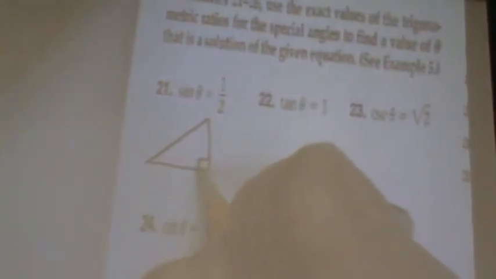So I'm gonna do one with you. Look at question 21. It says, you want to know what the angle whose ratio, opposite over hypotenuse, is a 1 to 2 ratio. So I'm going to draw this triangle. You have to know what the angle is. You got to know what the word sine means.